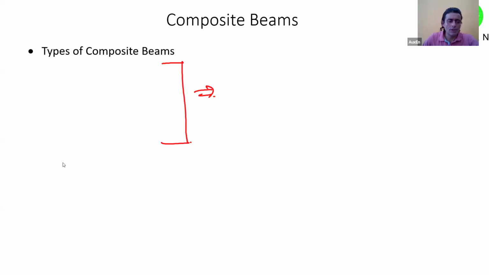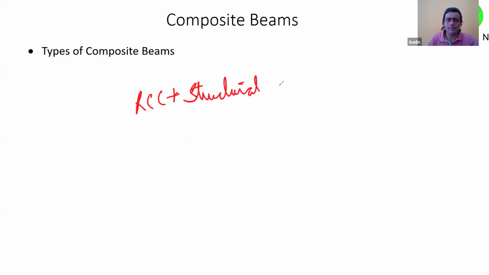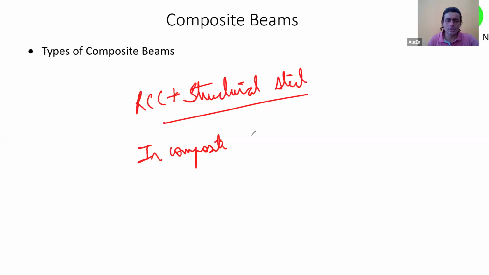So what is the meaning of composite beam? In this, essentially, the first thing you need to understand is that there will be RCC plus structural steel. In the composites that we are going to discuss, the important point is that it is more to do with structural steel than with RCC. Do you get this point?